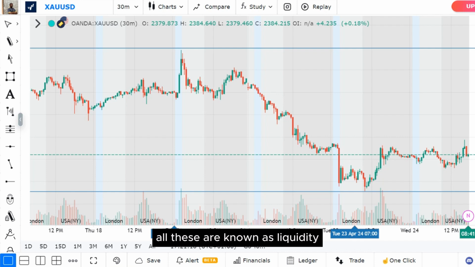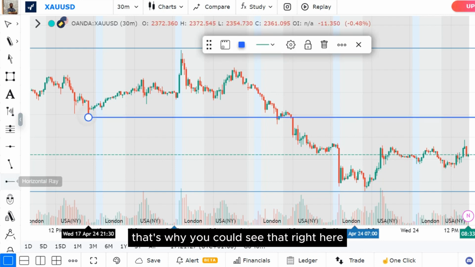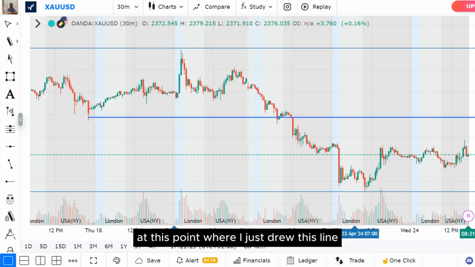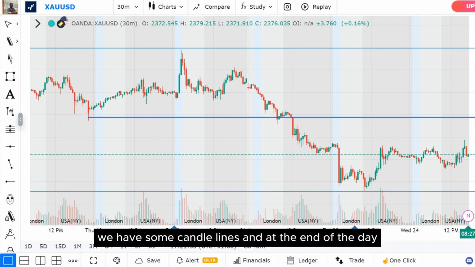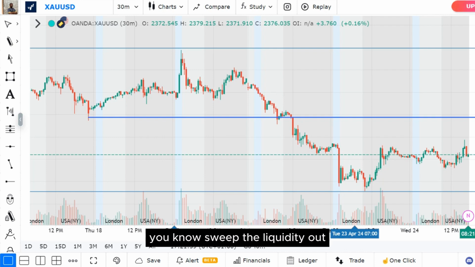Now, all these are known as liquidity to what I'm going to be teaching you. Now, you need to understand that those liquidity are being chased. That's why you could see that right here at this point where I just drew this line, we have some wick, we have some candle lines, and at the end of the day, it later comes down to that place to sweep the liquidity out. So basically, the market does chase liquidity, okay?